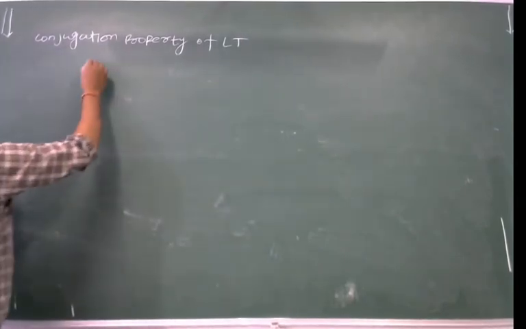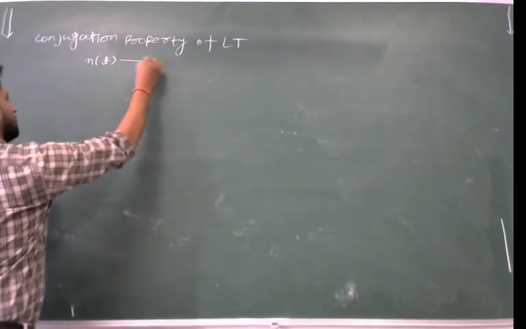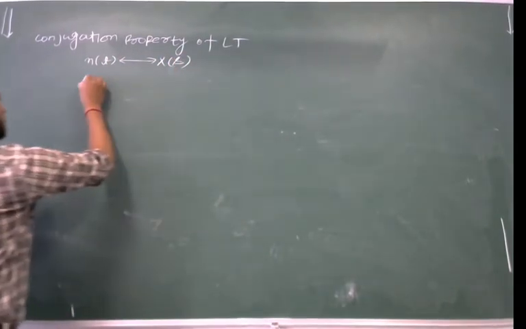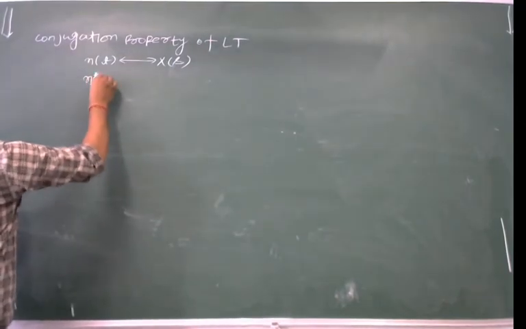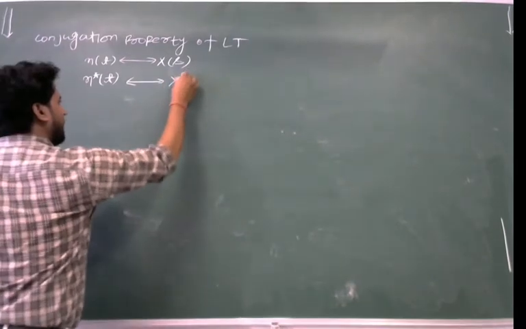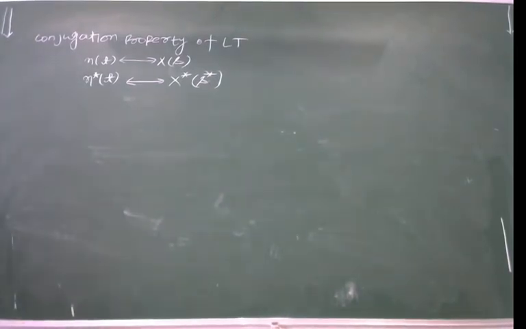This property states that if the Laplace transform of x(t) is X(s), then the Laplace transform of x conjugate t will be equal to X conjugate of s conjugate.